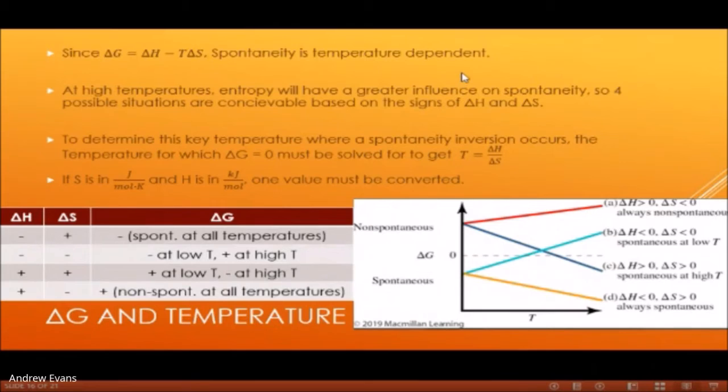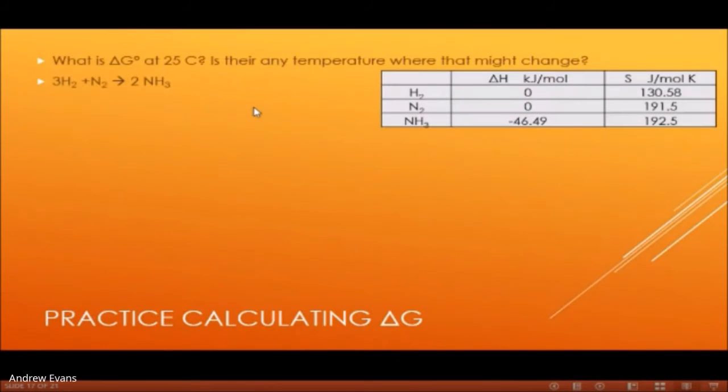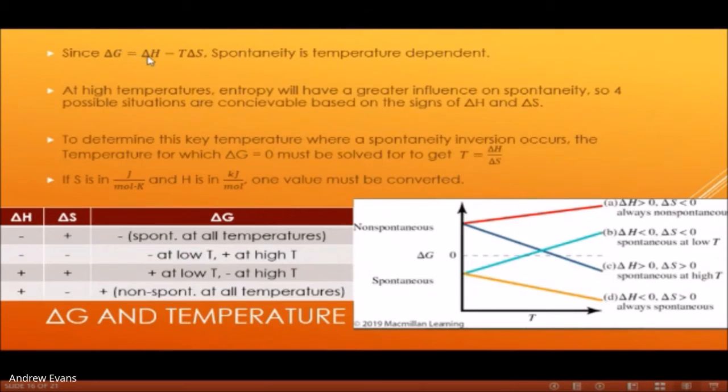But if we want to find the temperature where it's spontaneous, we ask at what point does it go from negative to positive? It goes from negative to positive right when delta G equals 0. With delta G equal to 0, we can solve for temperature.